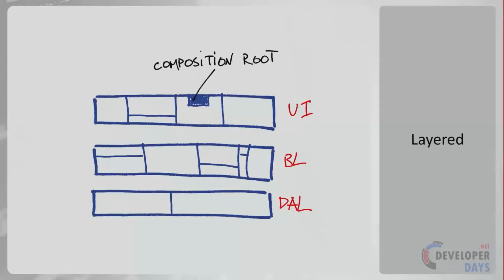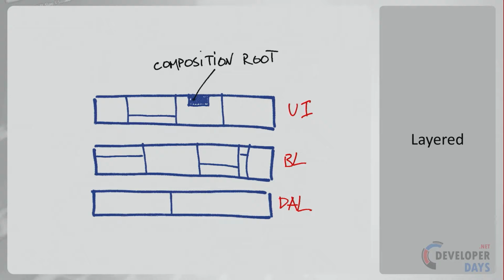This is the guy who will be figuring out from the incoming HTTP request what kind of controller to invoke, which also means that all the dependencies that controller requires, that whole graph, should be built up. And that's where the composition root takes place.